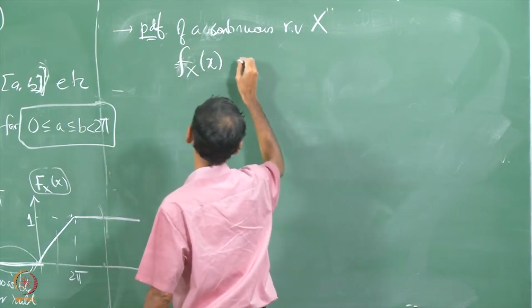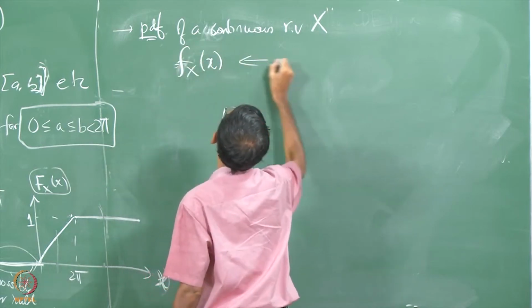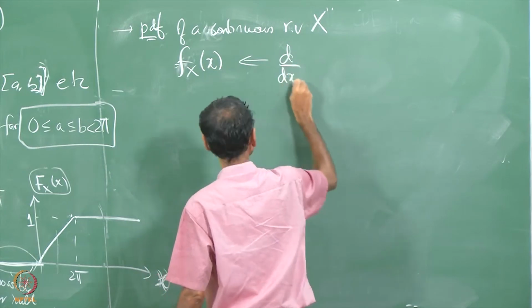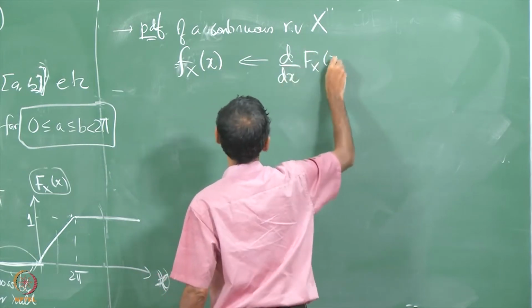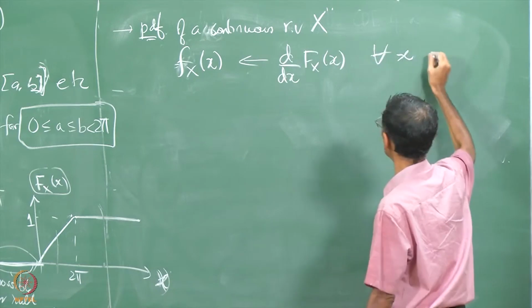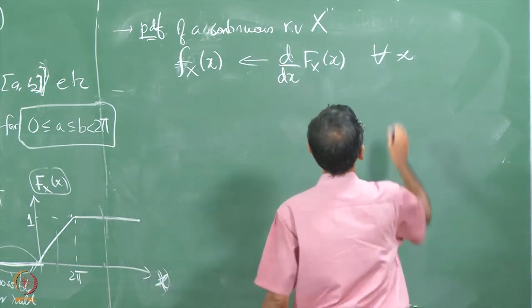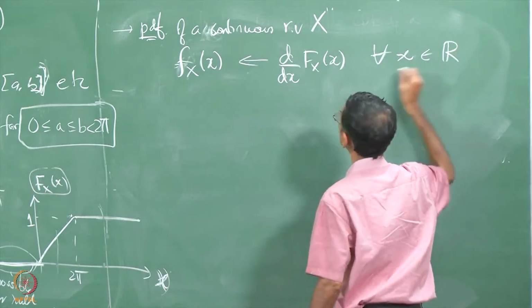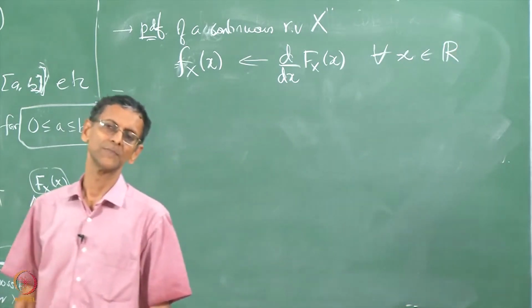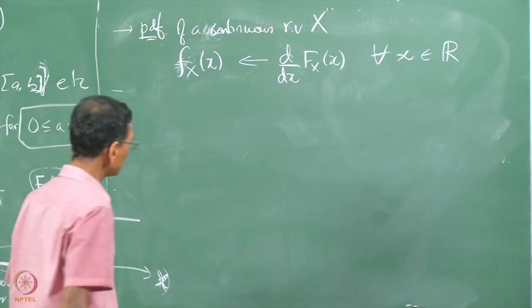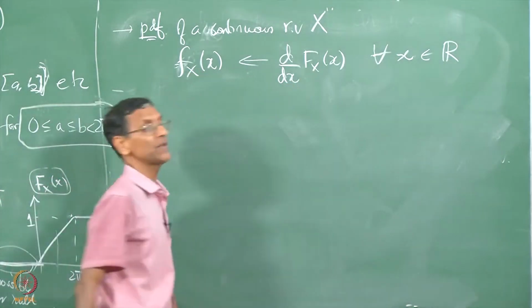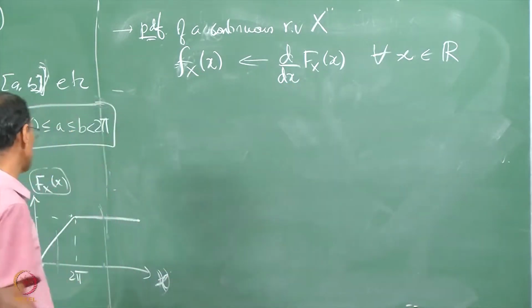Once you find the CDF, and the CDF is continuous, you just differentiate it everywhere on the real line, and then by differentiation you can go from the CDF to the PDF, which is exactly what we did earlier.